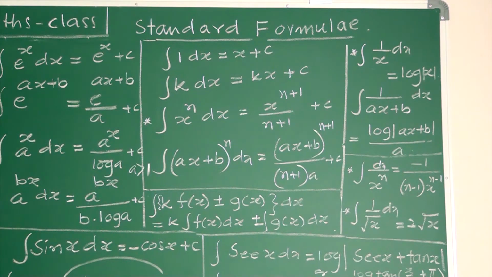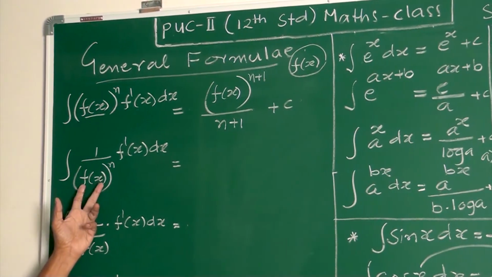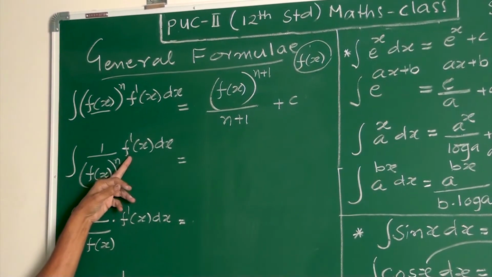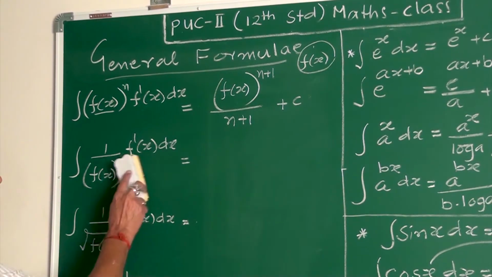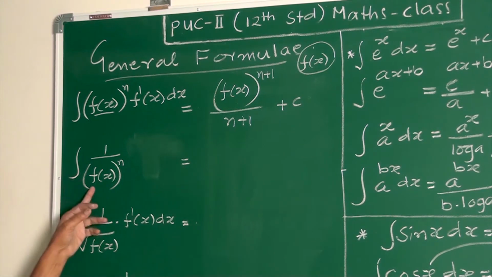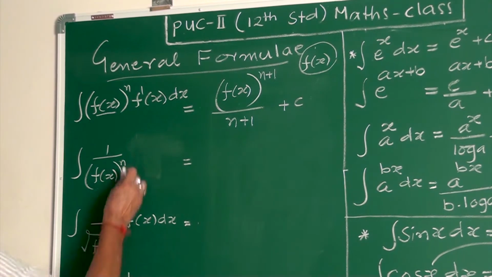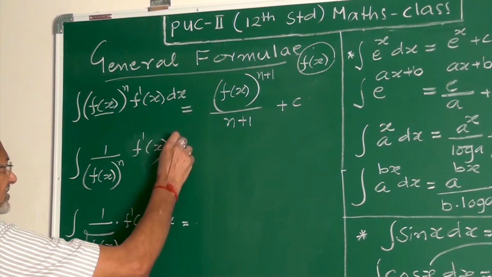See. Second, it is integral 1 upon f(x) to the power n. What is this other than x? It needs, friend, who? f'(x). If the f'(x) is not there, you can't use this formula. If you want to use this formula, it needs that. What is it? If it is other than x, it's a derivative.